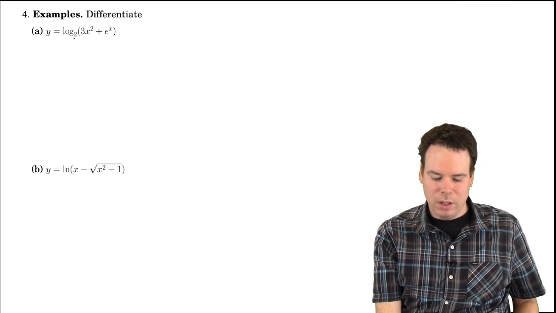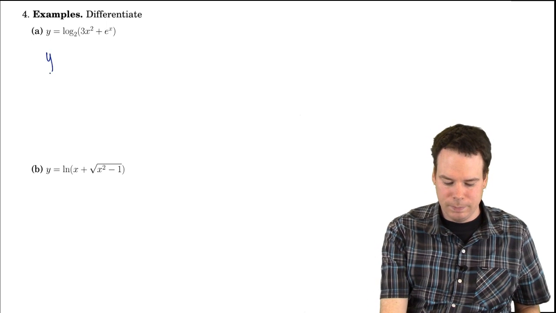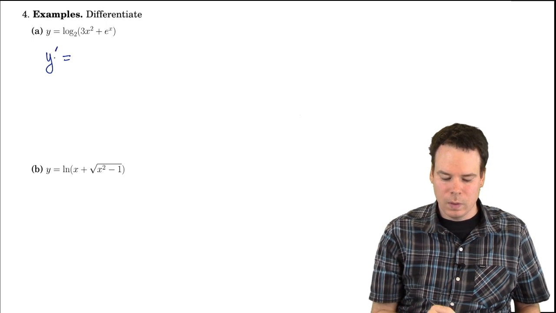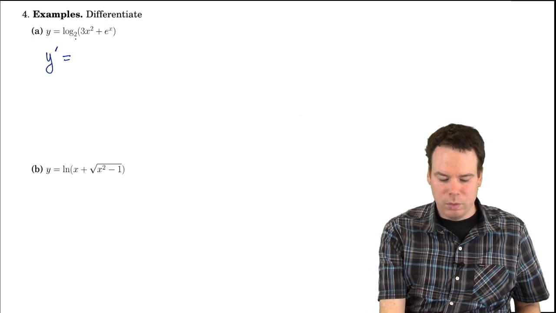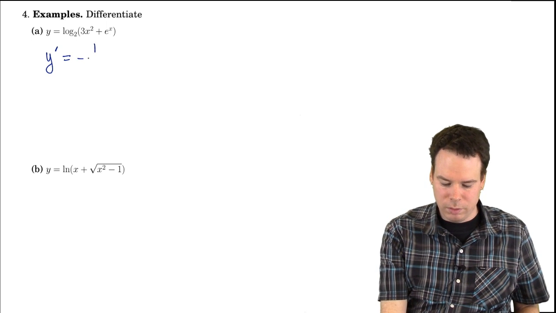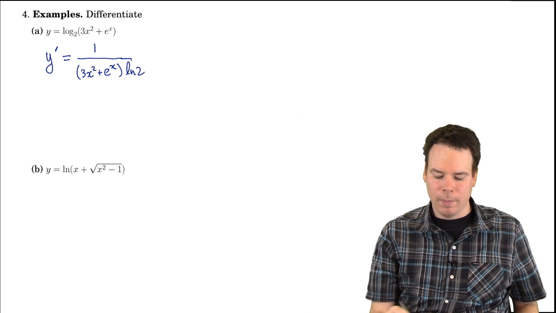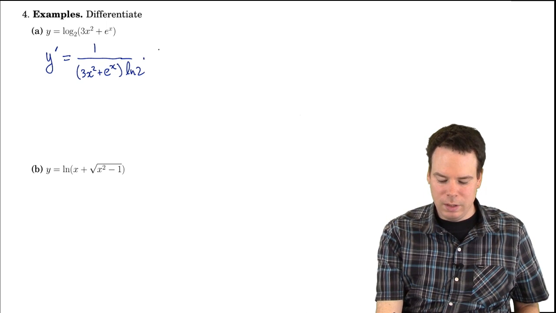Okay, we want to differentiate the logarithm base 2 of 3x squared plus e to the x. So here we're going to use the chain rule. Derivative of the outside function is the logarithm, so that's 1 over the inside. And in this case it's base 2, so there's this extra ln of 2 that comes along, times the derivative of the inside function.